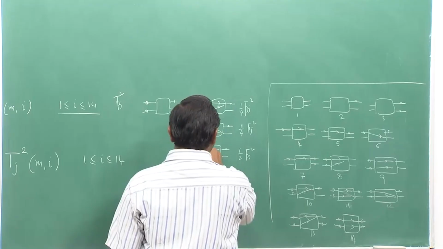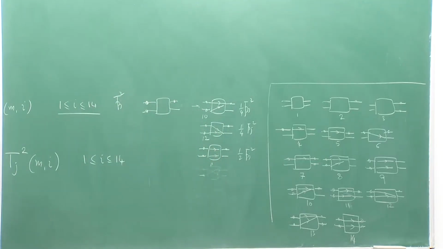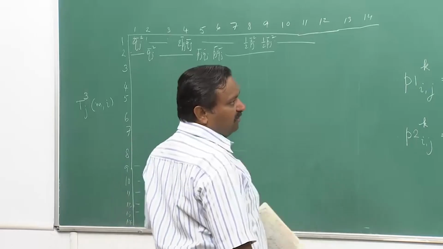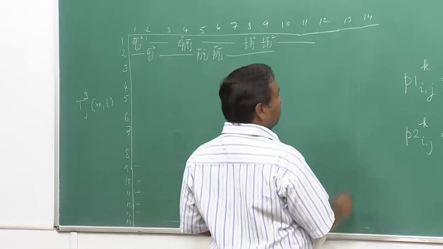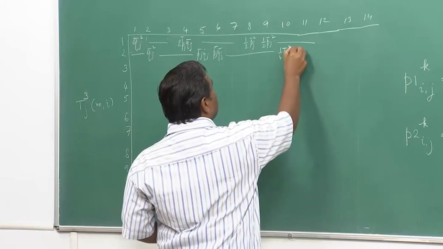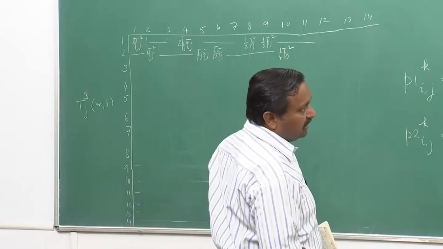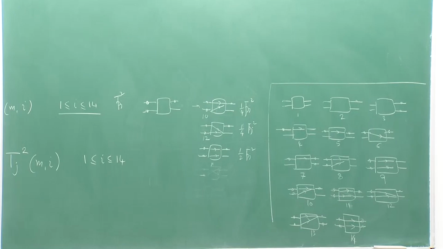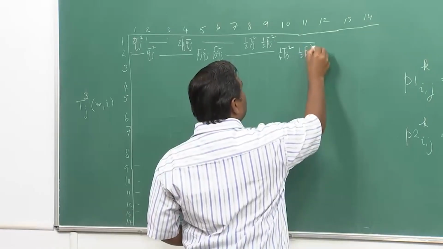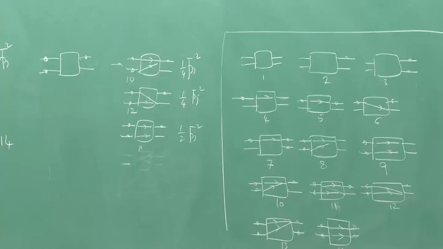So, 10, 11 and 12. We have to write the corresponding values. So, 10 will be 1 by 4, 11 will be half Pj bar square, and 12 will be 1 by 4 again.